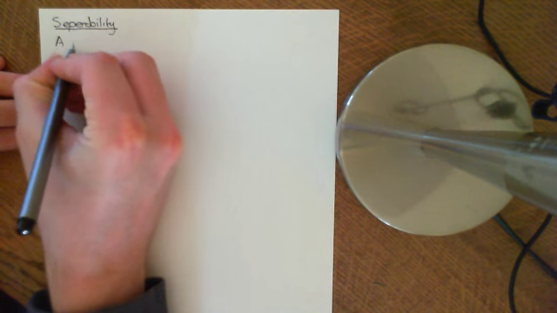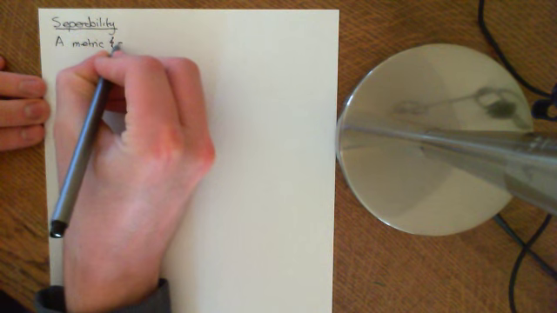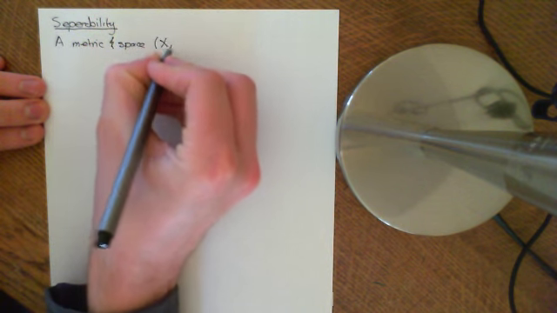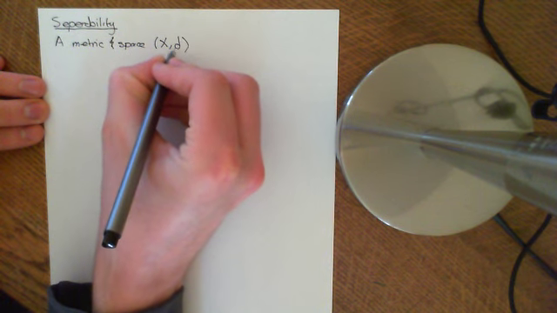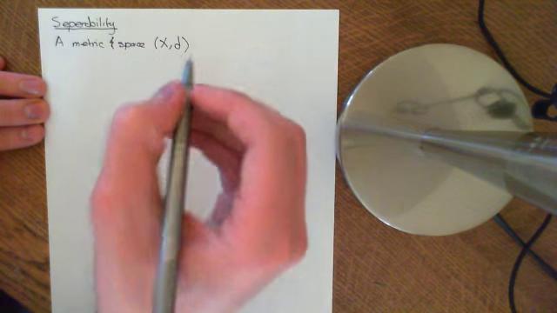A metric space, sorry, a metric space is what I mean to write. A metric space consists of a set X and a distance function d, which is mapping the Cartesian product of X by X onto the non-negative real numbers.